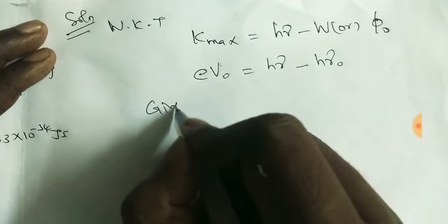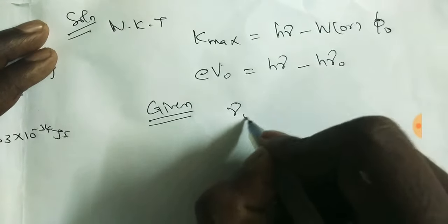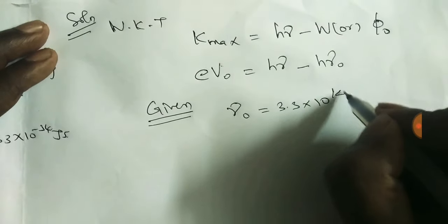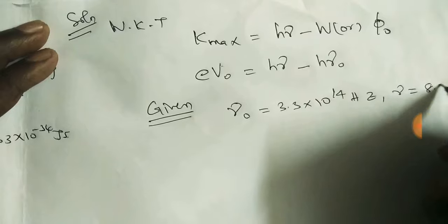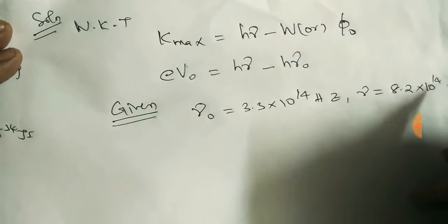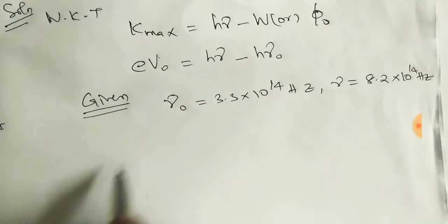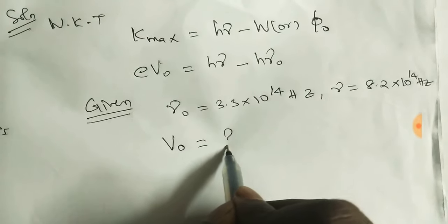What is given here? Nu naught is given, that is 3.3 into 10 power 14 hertz, and nu equals 8.2 into 10 power 14 hertz. This is the given. What are we going to find out? V naught.